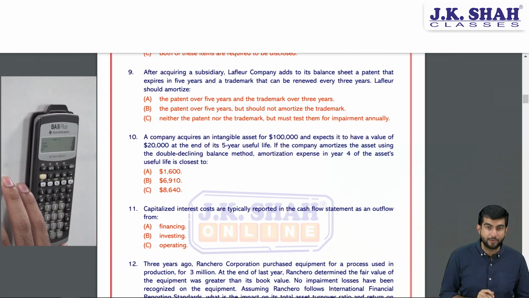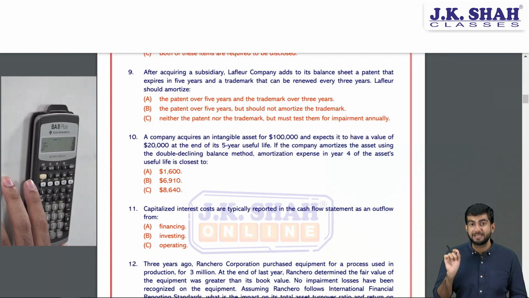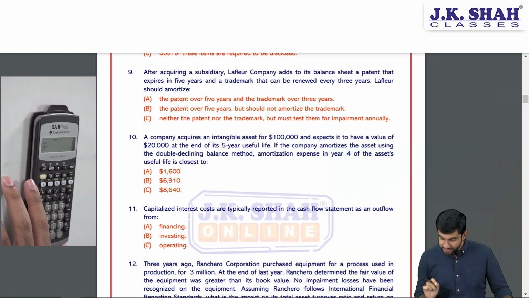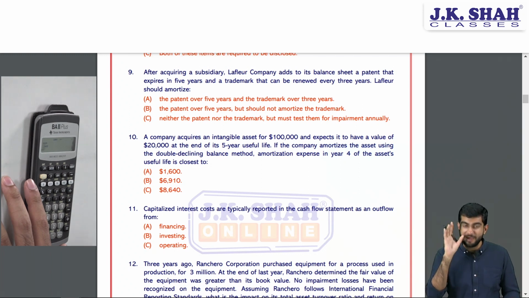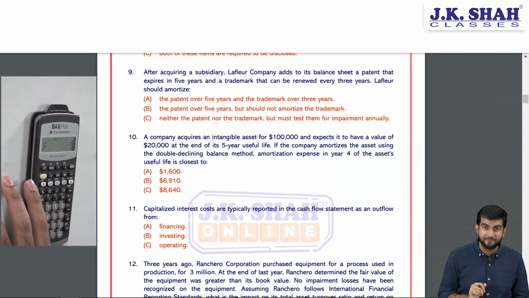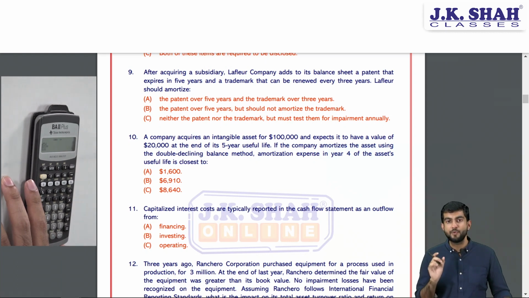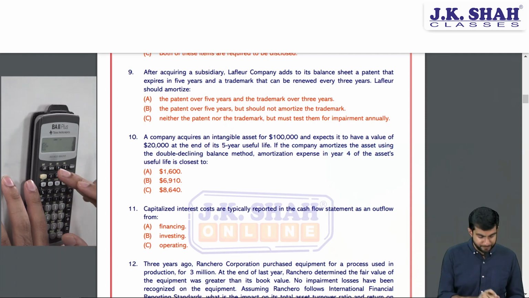Press the down arrow. LIF, the calculator is asking you for the useful life. In this question, the useful life of the asset, as you can see in the second line, is 5 years. So input 5, press the enter key, press down arrow to proceed. MO1 stands for first month. So let it remain as it is.